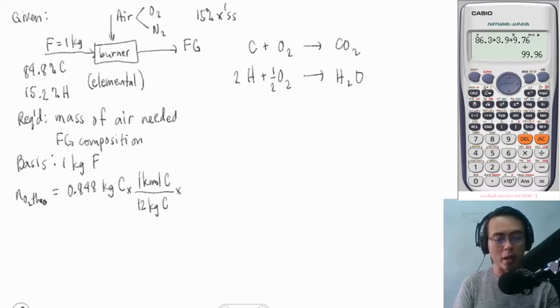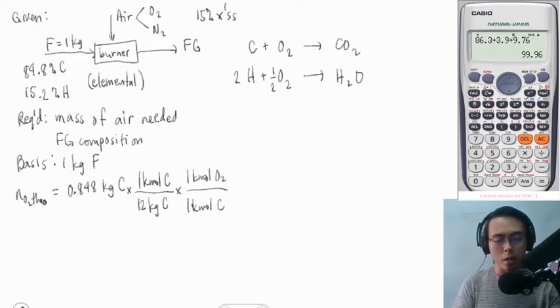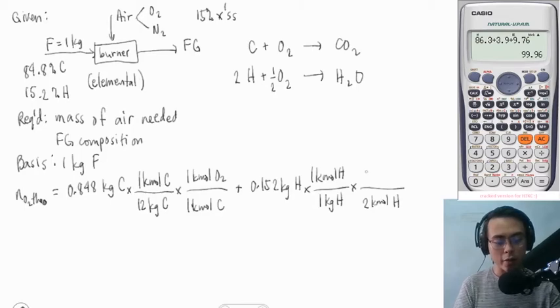And then you can proceed with the balanced equation for the stoichiometry. That's 1 kilomole of carbon equivalent to 1 kilomole of O2. Plus, for hydrogen, you have 0.152 kilograms of hydrogen, converting to moles. That's 1 kilogram of hydrogen per 1 kilomole hydrogen. And then from the balanced equations, you have 2 kilomoles of H for every 1/2 kilomole of O2.